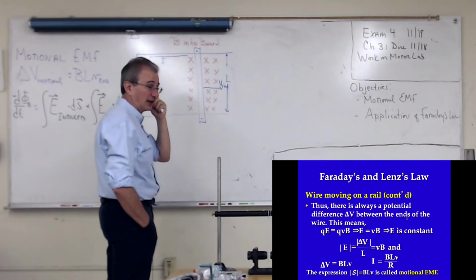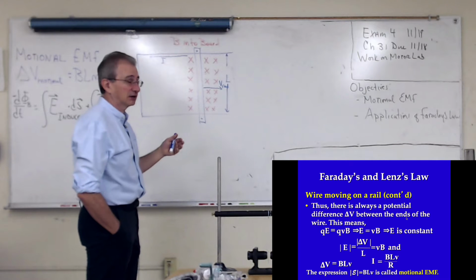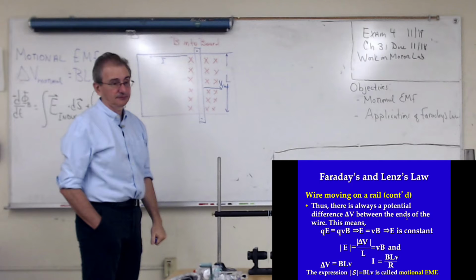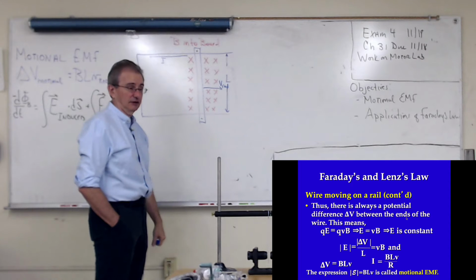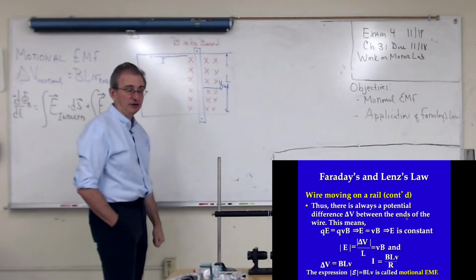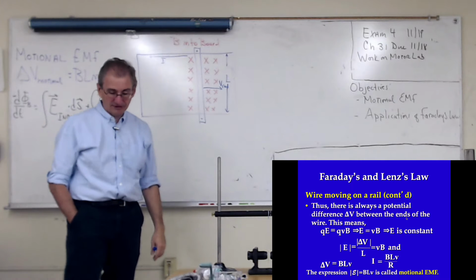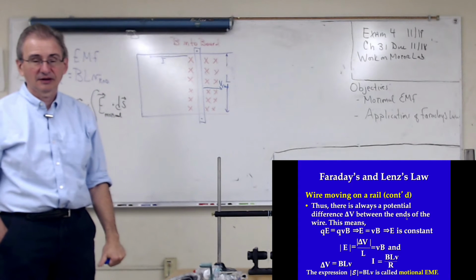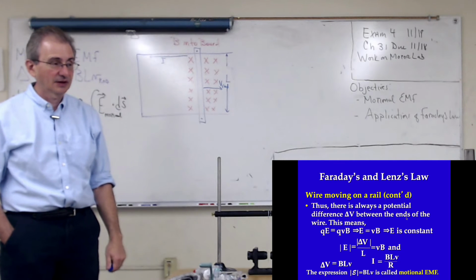Now, can we reason out, without using I L cross B, what is the direction of the force on this rod? Is it going to be to the right or to the left? What do you think? Without using I L cross B. Would it be to the right?